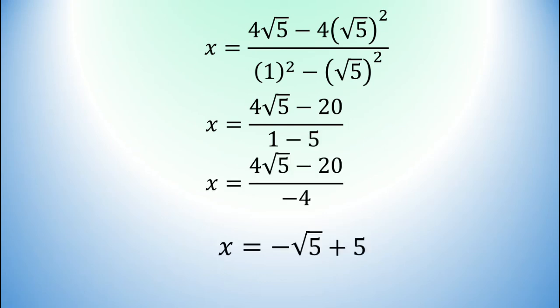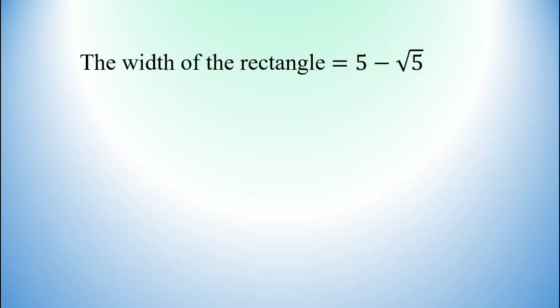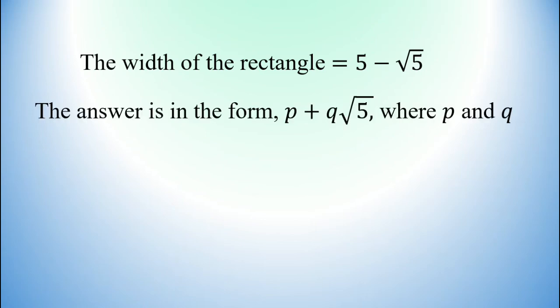Then x can be written as minus root 5 plus 5. X is equal to 5 minus root 5. Accordingly, the width of the rectangle is 5 minus root 5 centimeters. The answer is in the form p plus q root 5, where p and q are integers, where p is 5 and q is minus 1.